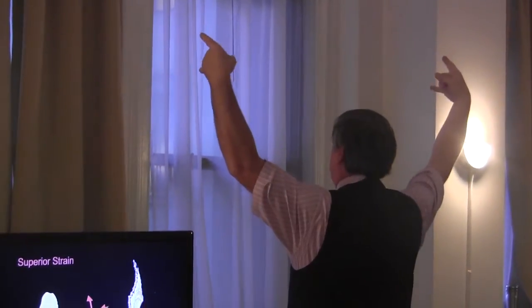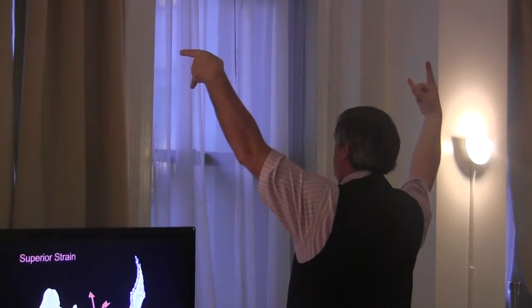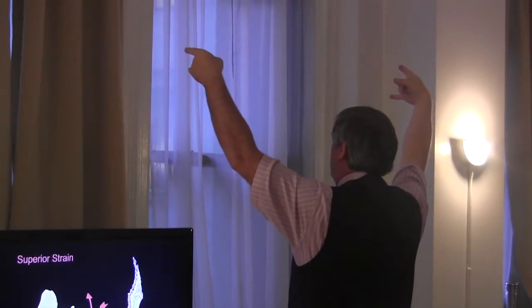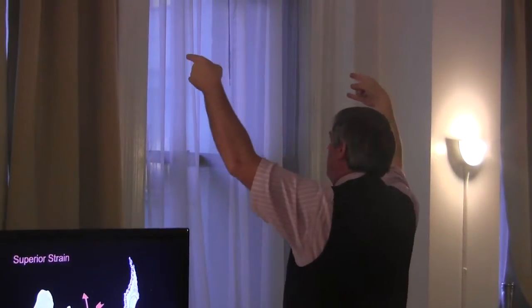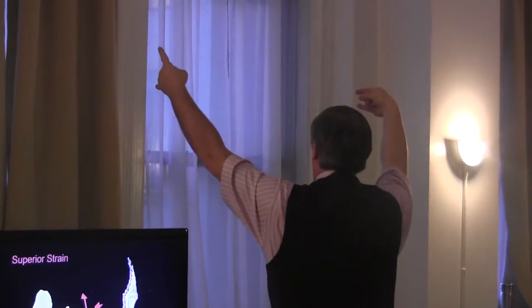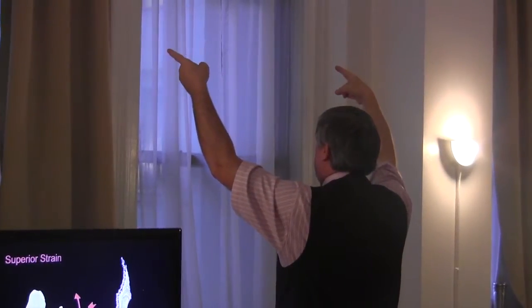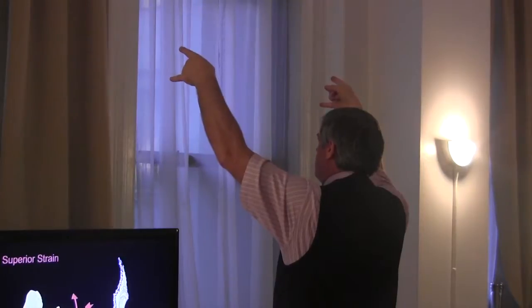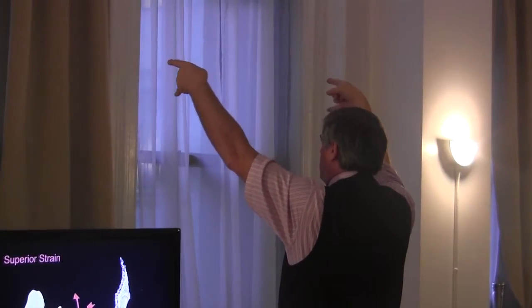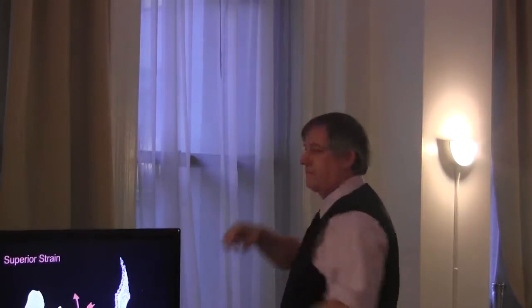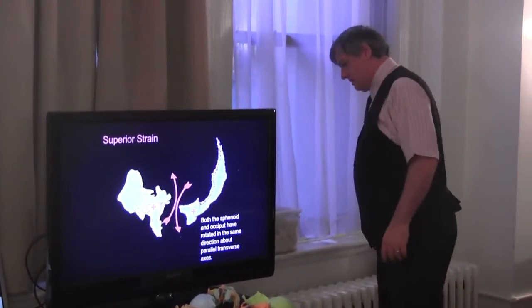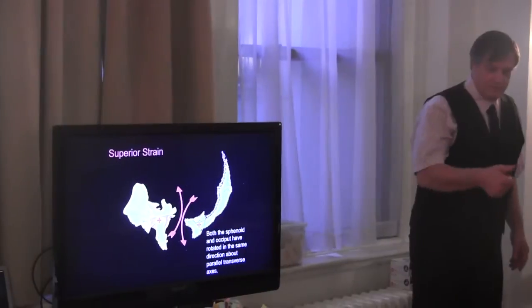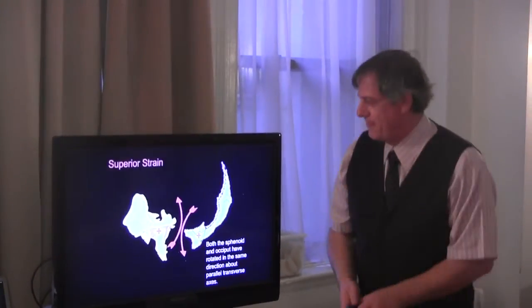Flexion, extension, right torsion, left torsion, right side bending, right rotation, left side bending, left rotation, right lateral shear, left lateral shear, superior shear, inferior shear. And I can do it for your phone as well, on the video.